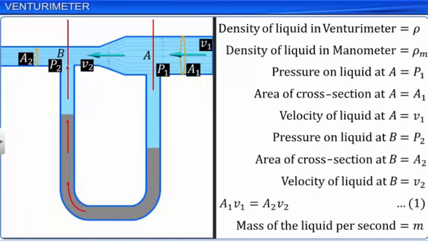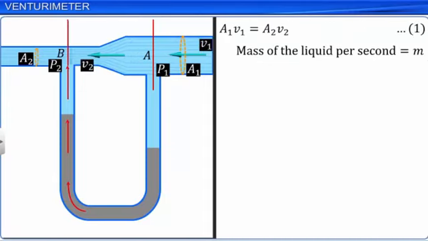Since the time considered is 1 second, here V1 and V2 are the length of the liquid element of mass m at positions A and B respectively. Therefore, A1 V1 is equal to A2 V2, which is equal to the volume of the liquid V flowing per second.